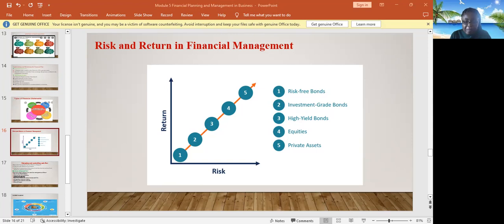Moving up the risk-return spectrum, you can see that each asset class gets riskier, and the potential investment returns associated with each asset class also increase. Asset class 5 is private equity, which involves investment in private companies that are not publicly traded on an exchange.